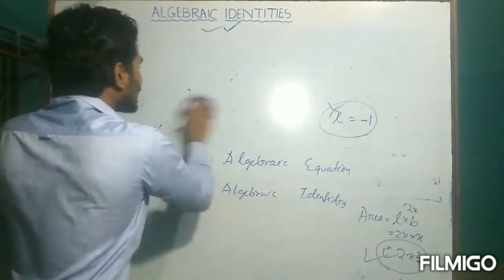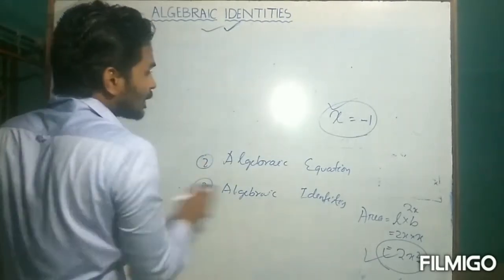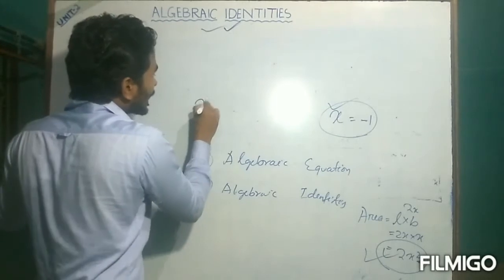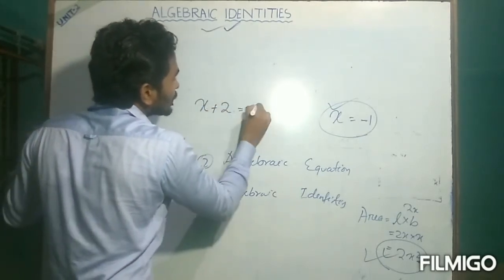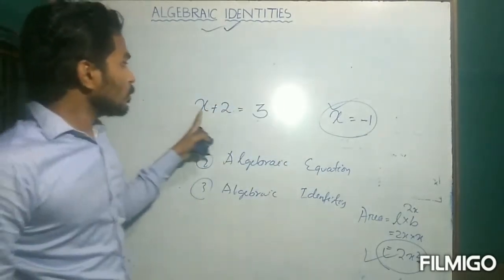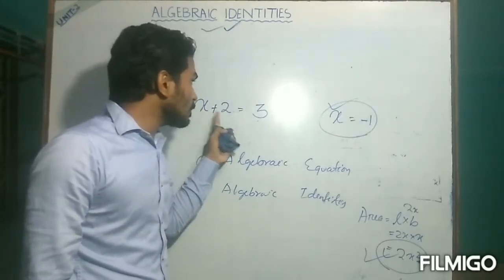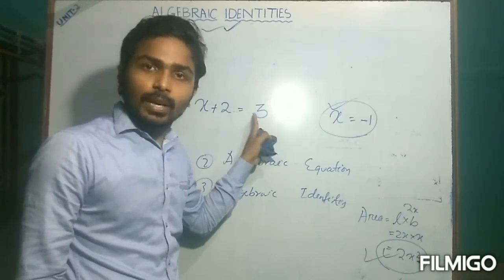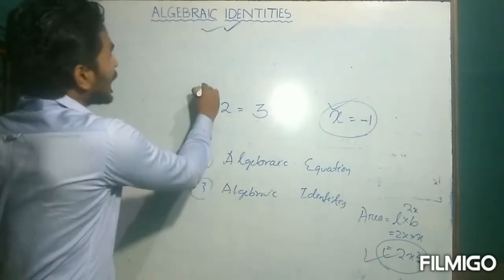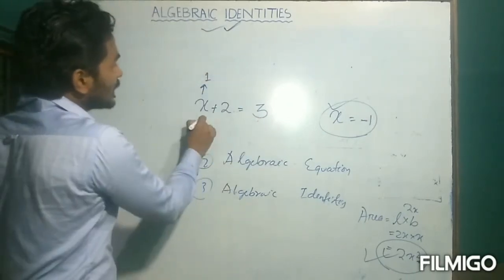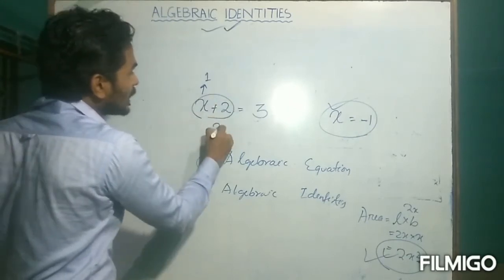You can take one more example of an algebraic equation like x plus 2 is equal to 3. So what do you need in the place of x so that it will be equal to RHS? Here RHS has 3. So if we put x to be 1, then the LHS is 1 plus 2, which is 3.